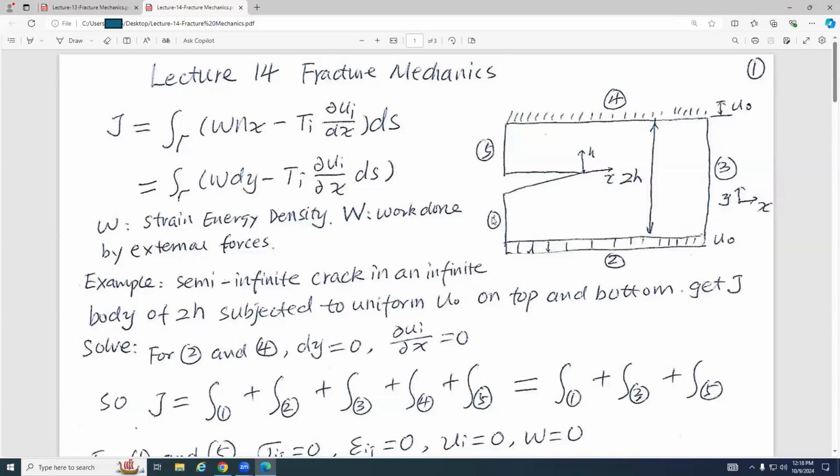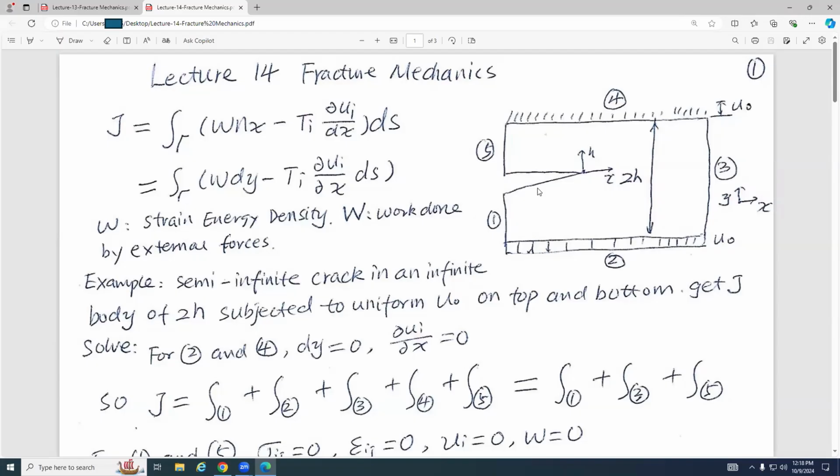For this curve, for simplicity, I just draw vertical, horizontal, vertical, horizontal, and then vertical. I have 5 segments here: 1, 2, 3, 4, 5. You understand, guys? So I told you, this is arbitrary.